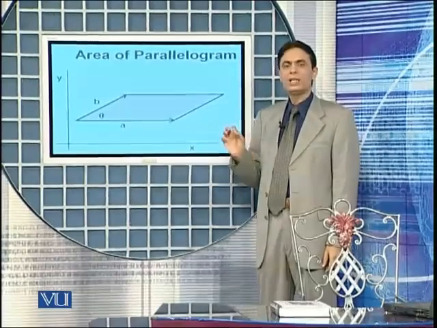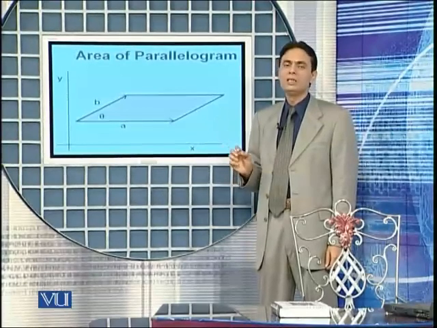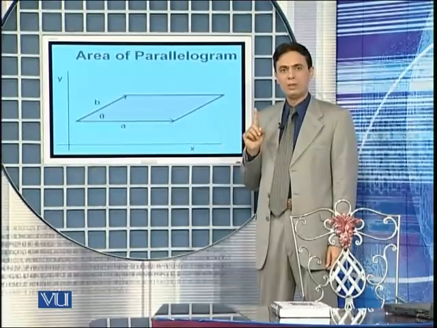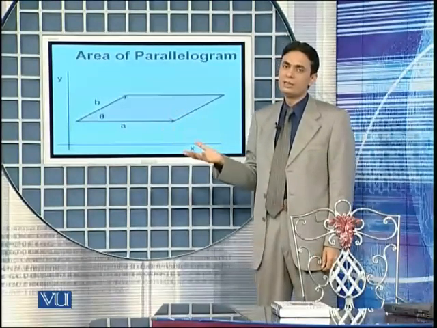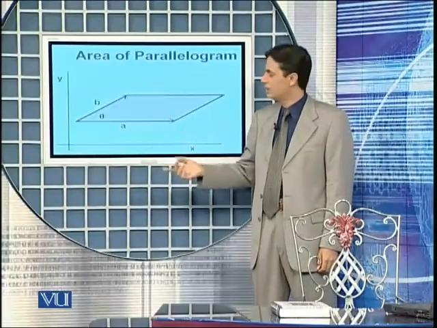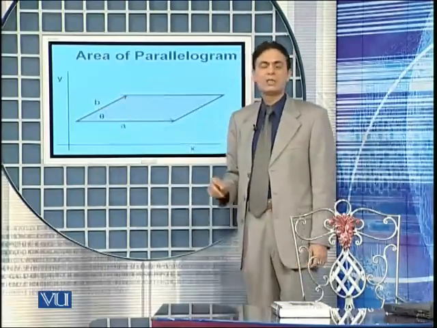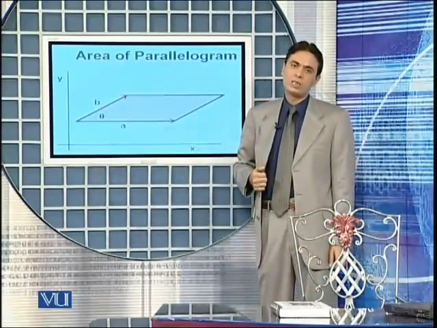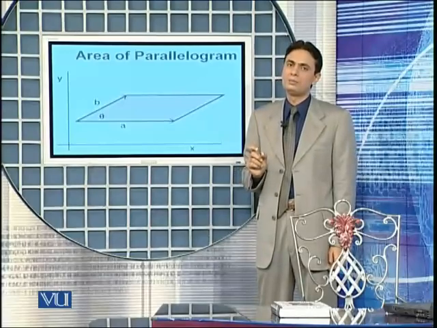Please note that if this angle was pi by 2 or 90 degrees, then its sine would be 1, and then this parallelogram will be a rectangle, and area of a rectangle is this length multiplied by this length multiplied by sine of 90, which is 1, which is a well-known formula for area of a rectangle.